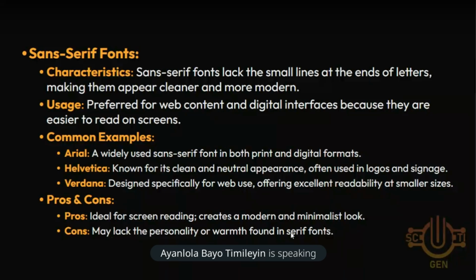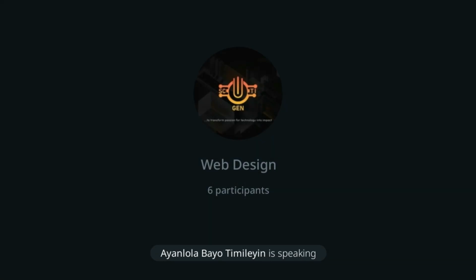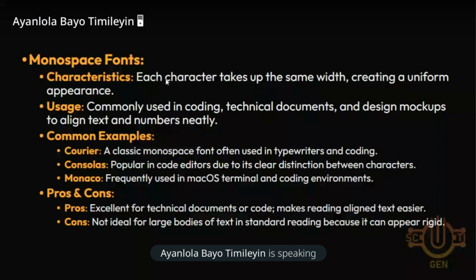And then we have the third category, which is the monospace font. Each character takes up the same width, creating a uniform appearance. So for instance, in a word, the E letter, A letter, C, and the H letter are all going to take the same width.